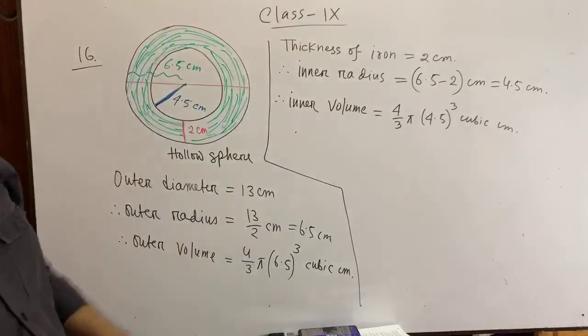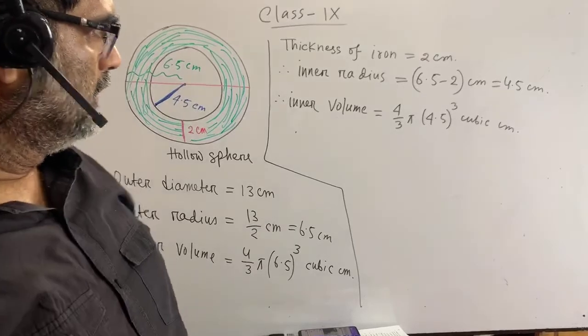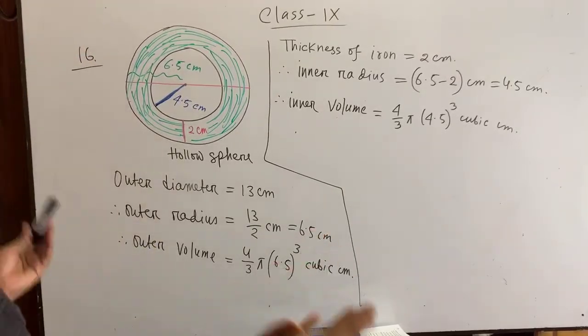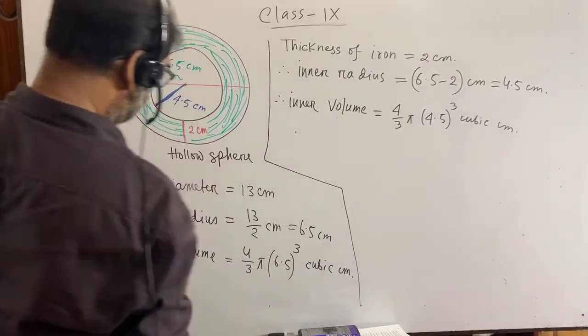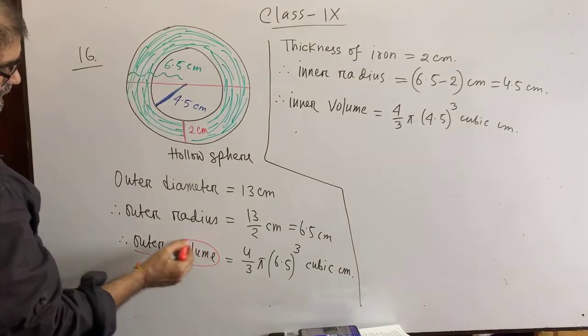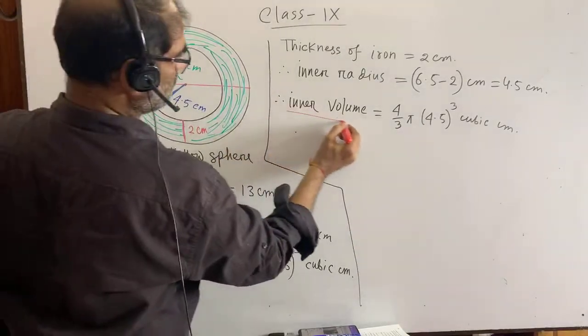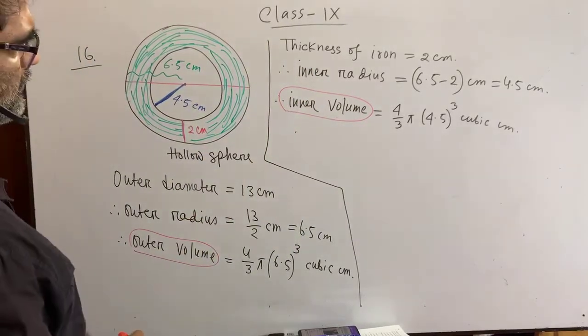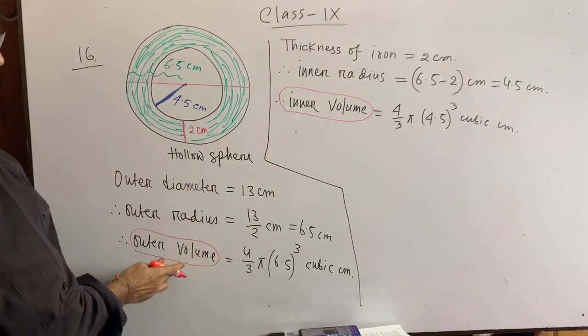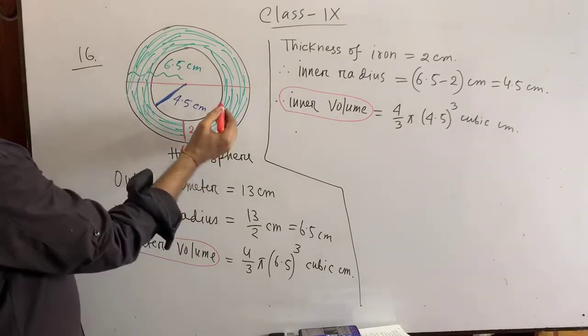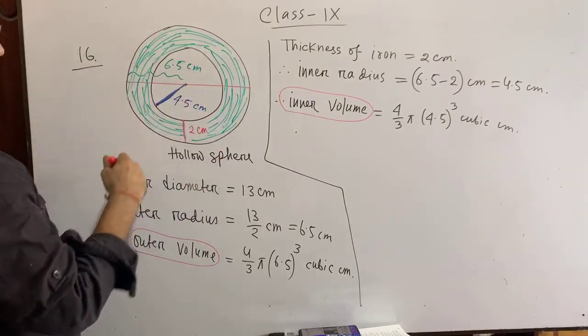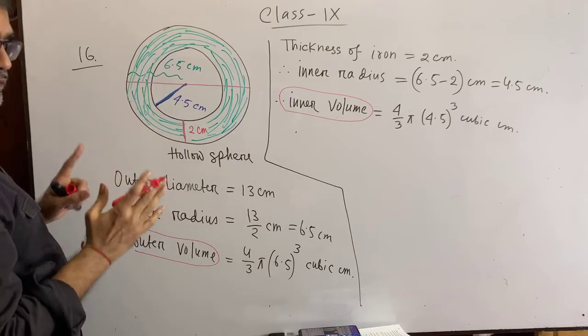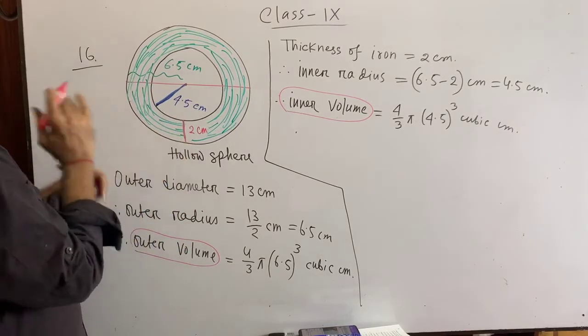Please try to understand. So we have got the outer volume and also inner volume. Now if I subtract the inner volume from the outer volume, then I will get the volume of the iron used in this hollow sphere, right? We will get the volume of the iron used in this hollow sphere.